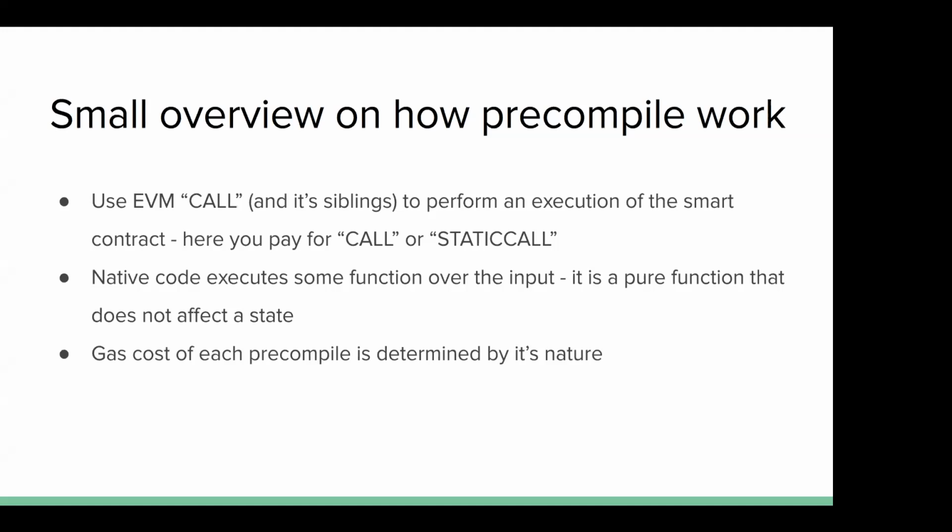So everything which is done is just some piece of memory is sent to the function as the input, and then this function performs some computations. Also, for each precompile, one has to come up with a formula for how to measure the gas spent by this precompile, because it's no longer in the EVM environment, so you cannot pay a single and well-determined gas per each kind of operation. So it's kind of the initial point from where we start.